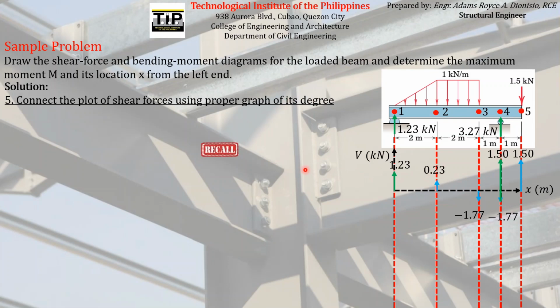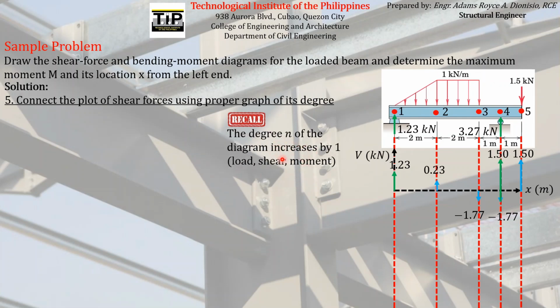And we know, like what I have derived before, that the degree of the diagrams, starting from the load diagram to the shear force diagram to the moment diagram, increases by 1. So if you want to connect this point to this point, the degree of the curve that must connect these 2 points must be 1 degree higher than the degree of the load diagram between these 2 points.